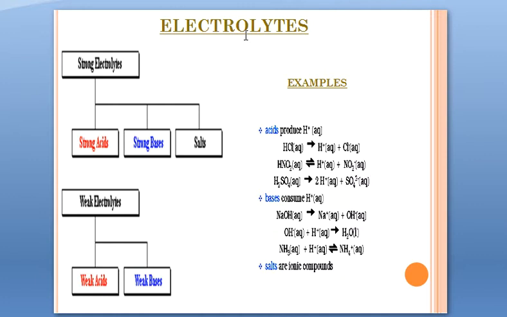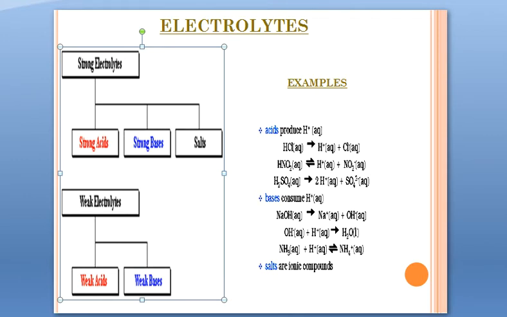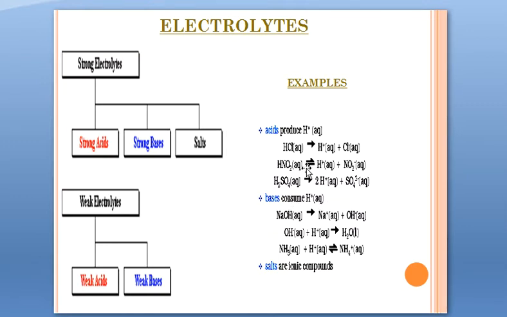Now when you have electrolytes, those electrolytes can be strong electrolytes, they can be weak electrolytes. You know that it's a strong electrolyte if it dissociates completely, and it is a weak electrolyte if it undergoes partial dissociation, right? We have examples on this side. Now strong electrolytes, it can be a strong acid, it can be a strong base, it can be a salt.